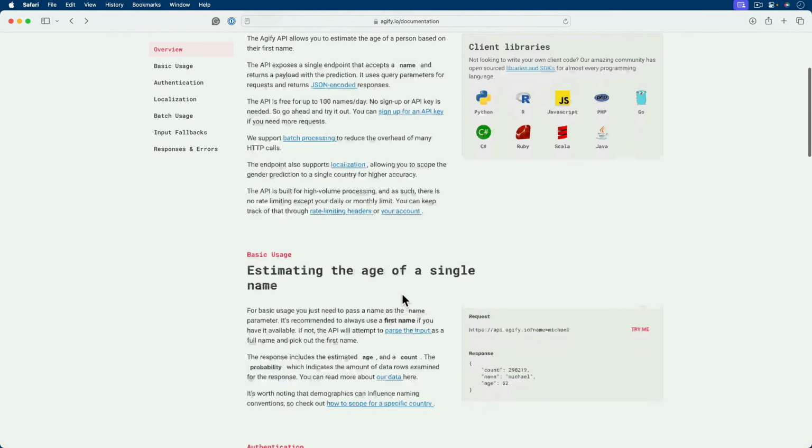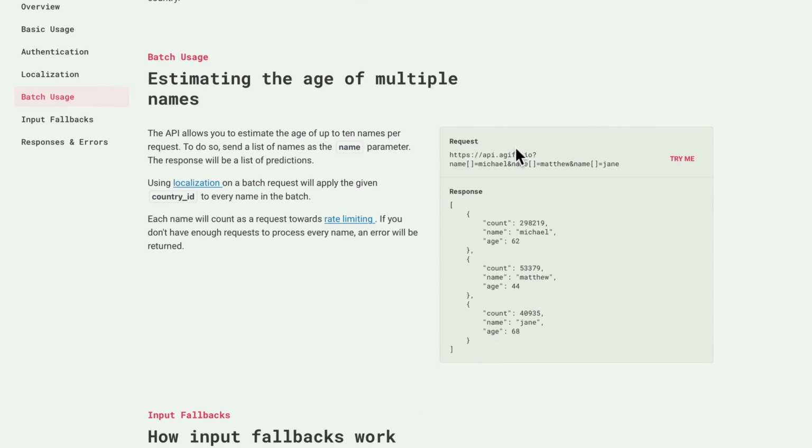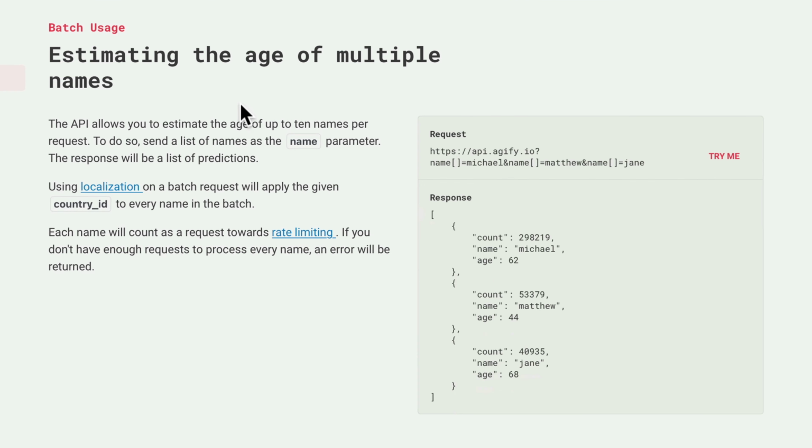So that's extra credit. Then as I scroll down, you have some extra credit if you want to estimate the age of multiple names at the same time. Here, instead of specifying name equals, it's name left bracket, right bracket, equals Michael, and name left bracket right bracket equals Matthew, and name left bracket right bracket equals Jane. Then you'll get a more complex response.